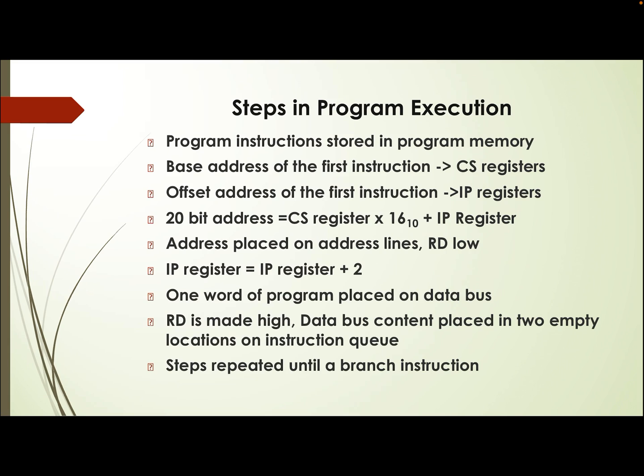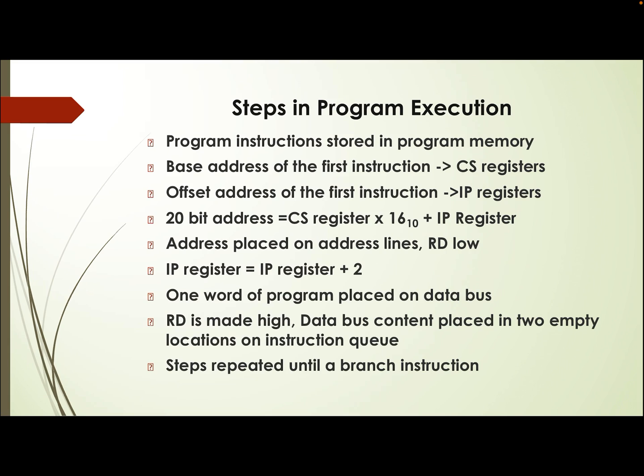It must be logically shifted left for adding the IP register content. The IP register now has the offset address of the first instruction of the program, so this is added to the content of the register shifted 4 bits left. Now this 20-bit address thus generated is placed on the address lines, and the read signal is made low.